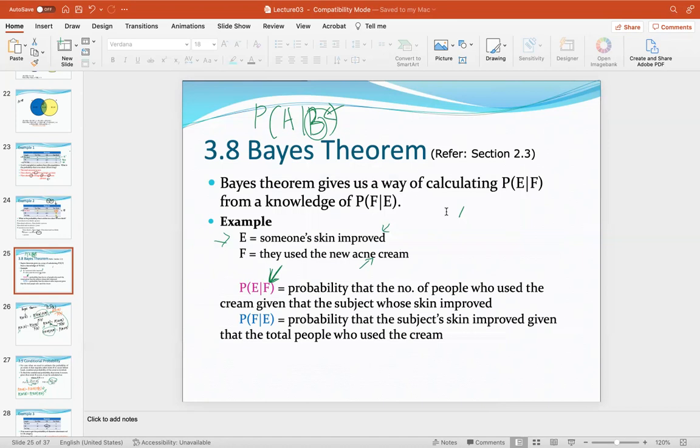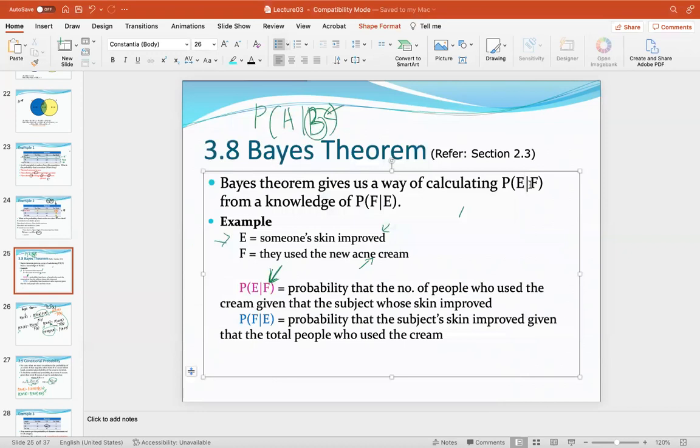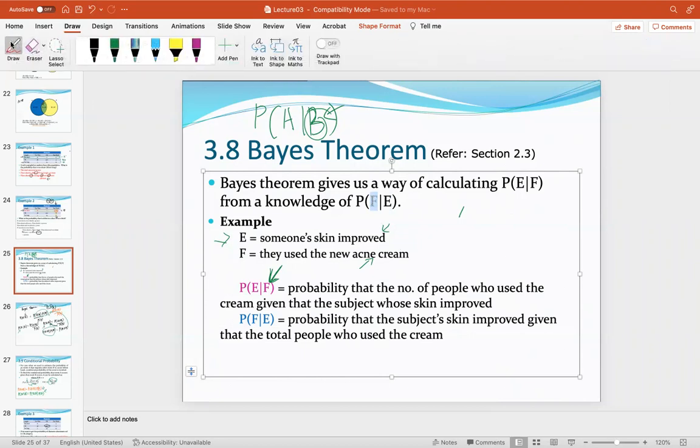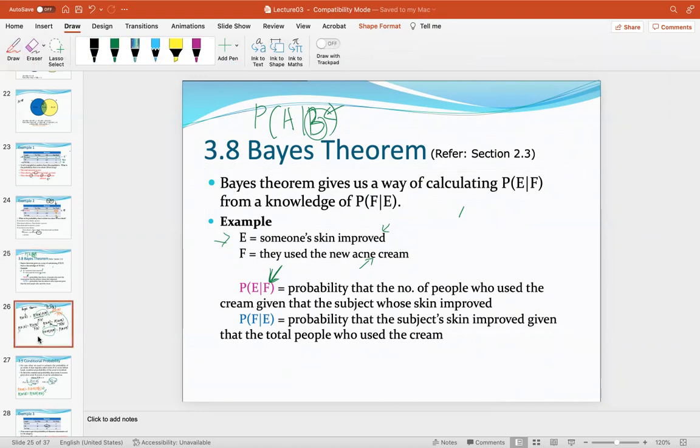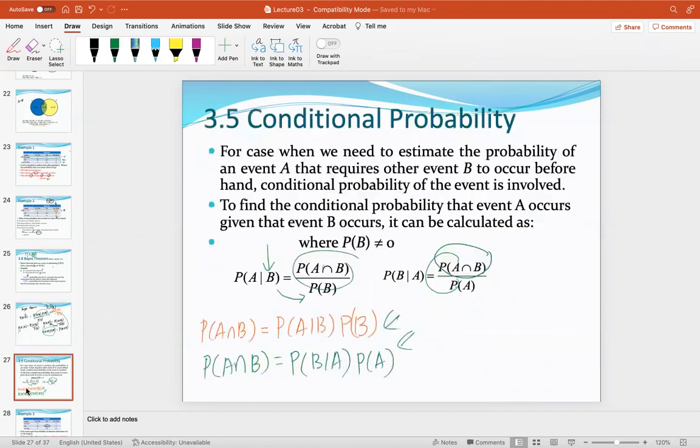Bayes theorem is actually this: I would like to know the probability F happened first and then E, but the information that I gather now is E happened first, then F. So in this case, what should we do? We know, using conditional probability, P(A stroke B), we know P(B) first.